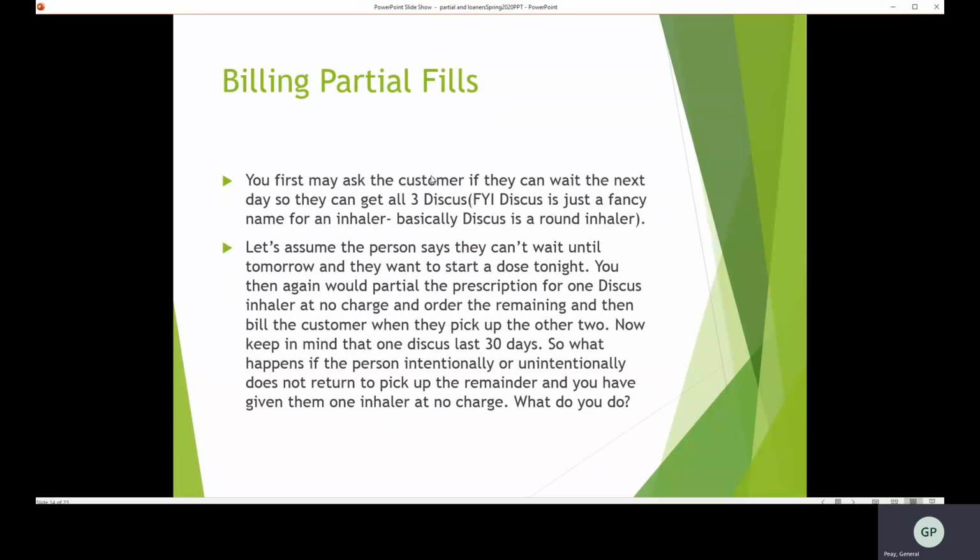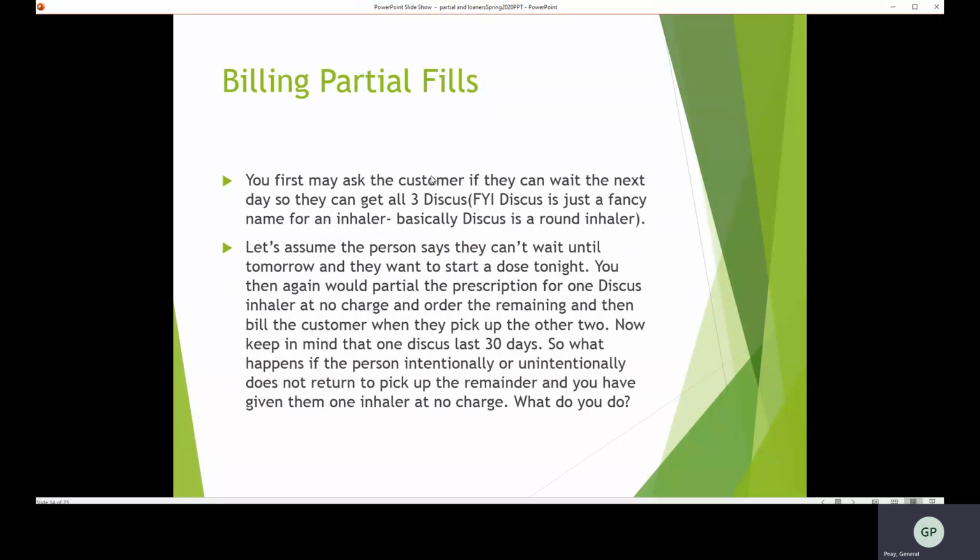You first ask the customer if they can wait until the next day, when you can have all 3 in stock, because you currently only have 2 and the prescription is written for 3. In most situations, the person will say yes, I can wait till tomorrow or 3 days.